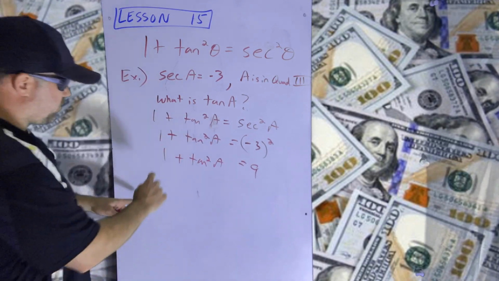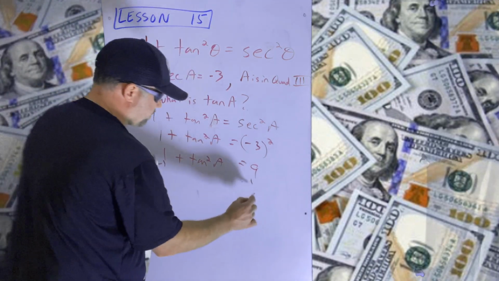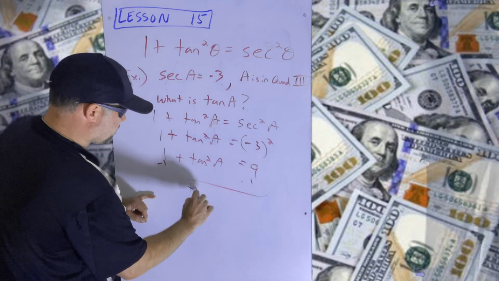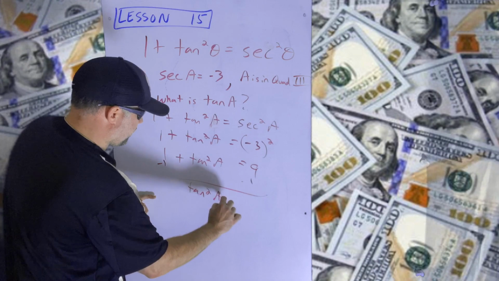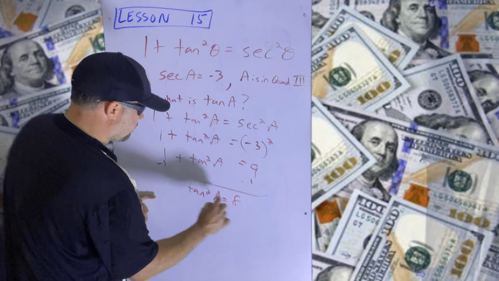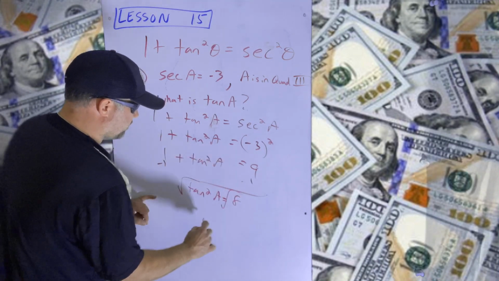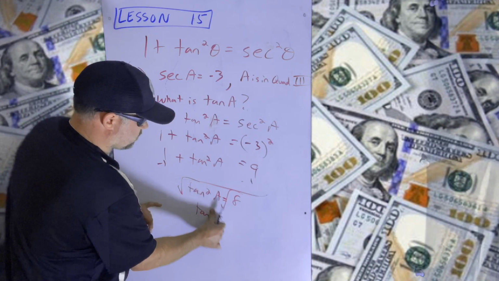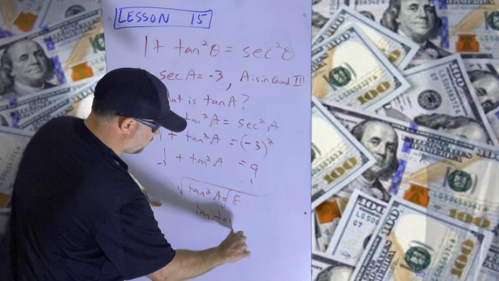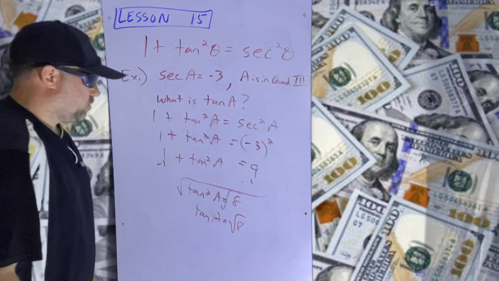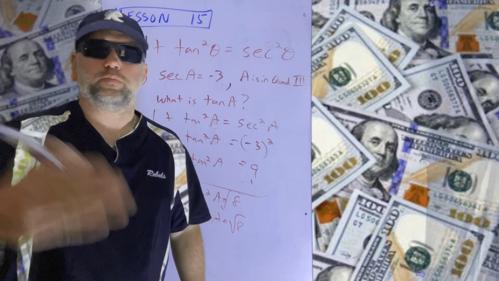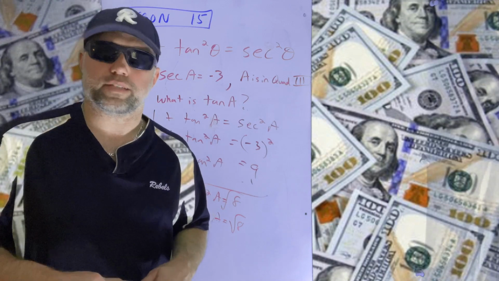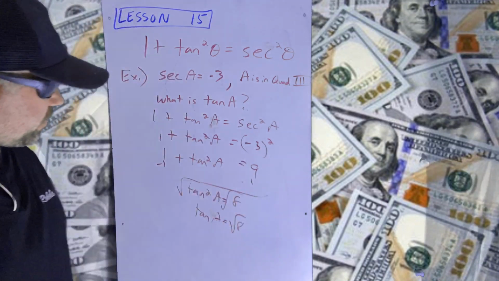If I subtract the 1 over to the other side, I get tan squared A equals 8. And then I square root both sides and get that the tangent of A is radical 8, which you could reduce. You can simplify that radical if you want to 2 radical 2, but we're fine. We can leave it as radical 8.